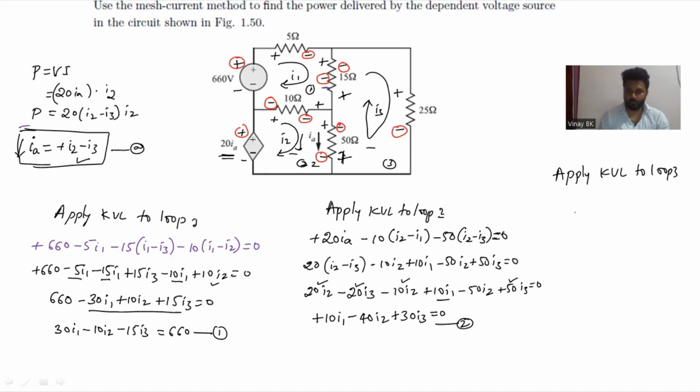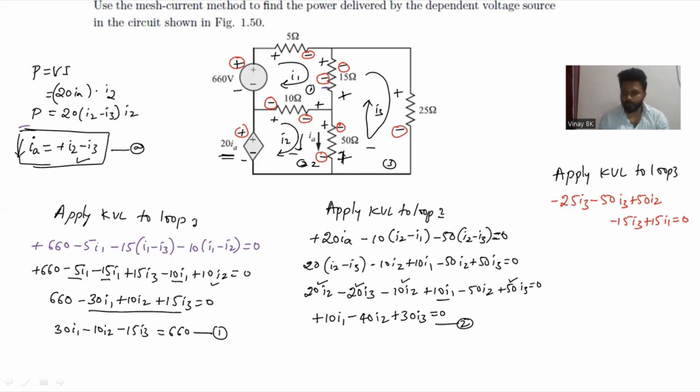Now we write the equation: minus 25 into I3, minus 50 into I3 minus I2, that is minus 50 I3 plus 50 I2. Similarly, minus 15 into I3 minus I1, that is minus 15 I3 plus 15 I1, equals 0.